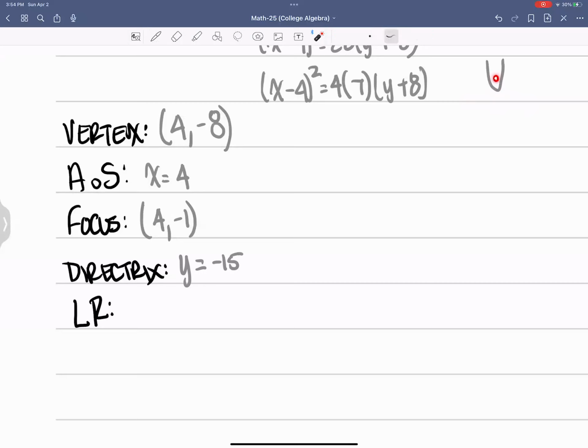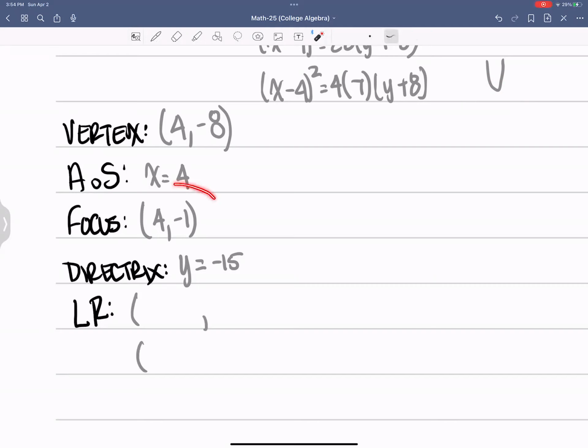Now we have our focus, we have the directrix. The latus rectum goes off of our focus, so moving left 2p units and right 2p units. So that tells us that we're moving our x component. Our y is what doesn't change.